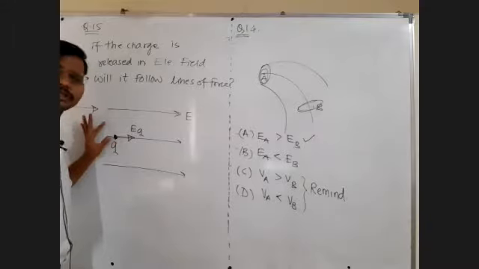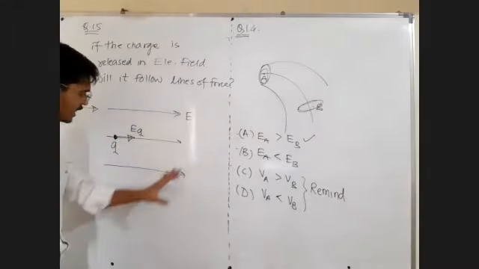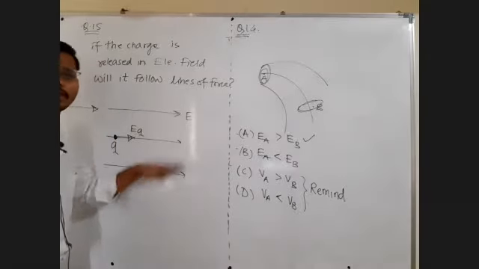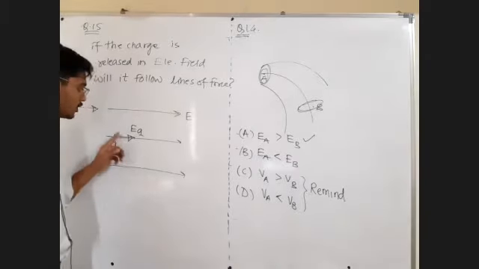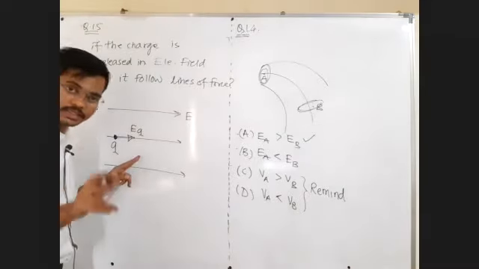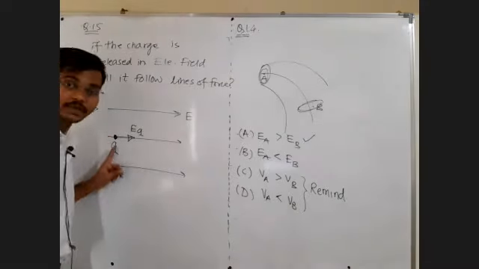Now we released it. Always during the motion also, electric field at each and every point is E, and the force acting on the particle at each and every instant is EQ. It is always rightward.